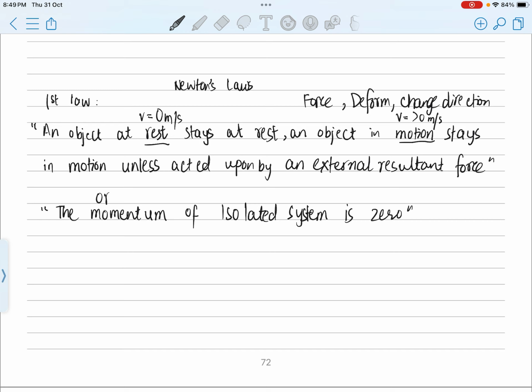The natural state is the state that the object would want to be in, and to change that state we have to apply an external force. Before Newton and Galileo, scientists believed that an object has only one natural state, which is a state of rest, meaning that if an object is moving, it will eventually come to rest.